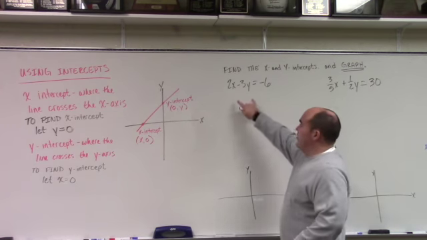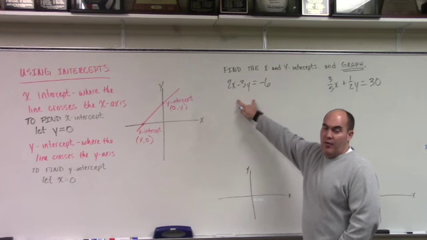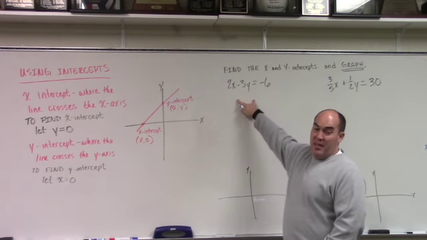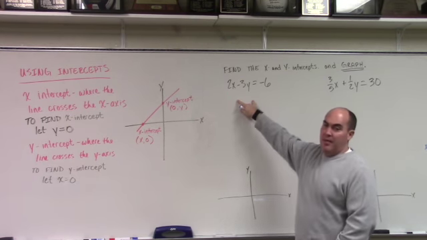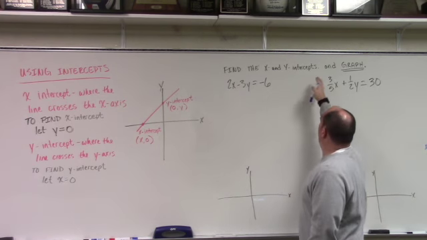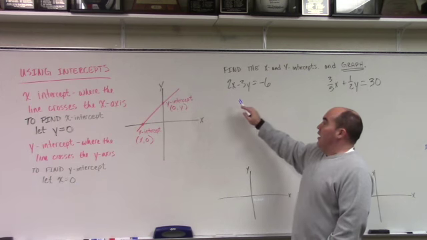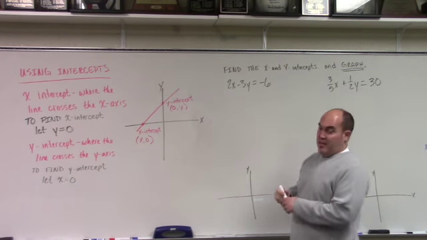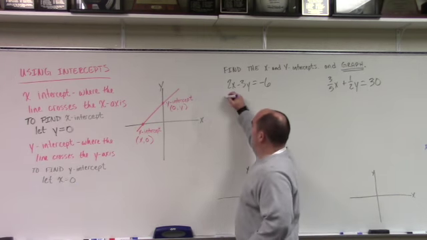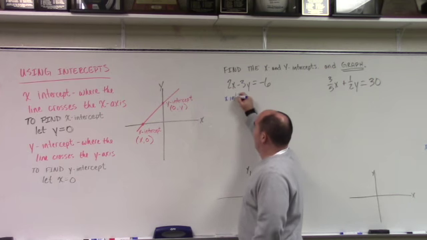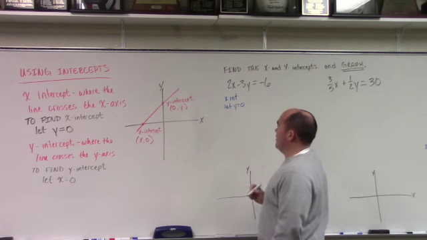If I've got an equation in standard form, it's going to make it really simple. If I want to find the x and y intercepts and then graph it, let's start with the x-intercept. That means I'm going to let y equal 0.